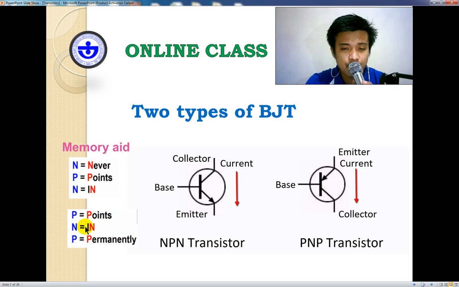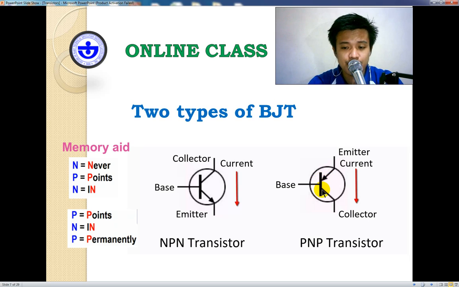Okay, so how about the PNP? One of our memory aids, we use this for you to recall it easily. We have in here PNP, referring to point in permanently. If you try to look at the PNP symbol, the arrowhead is pointing inside.